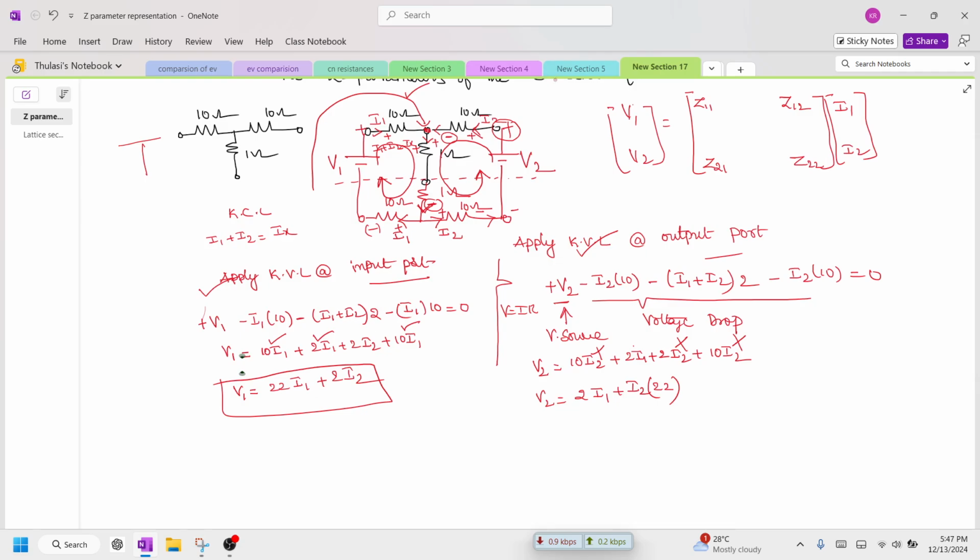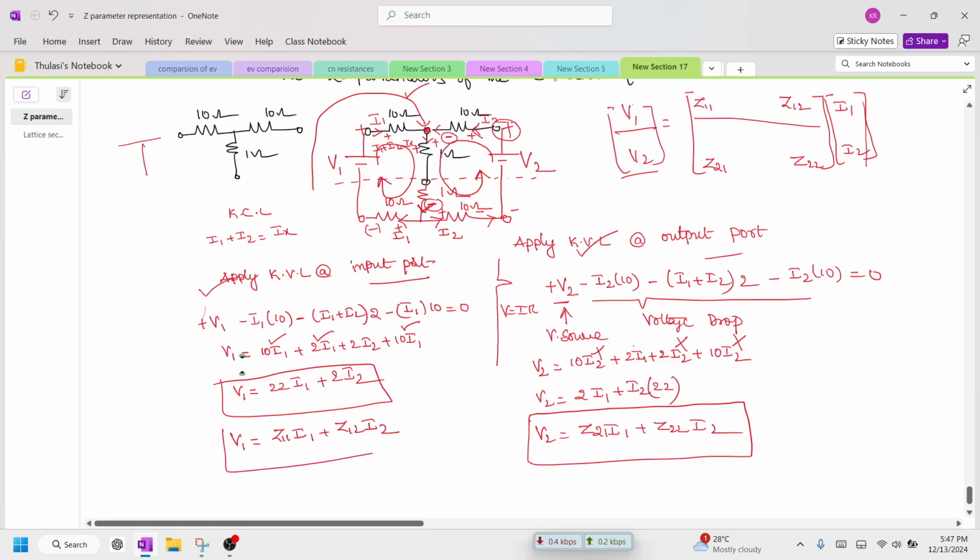So when you compare with the standard, the equations of V1 and V2 are V1 is equal to Z11 I1 plus Z12 I2. And coming to the V2 equation, V2 is equal to Z21 I1 plus Z22 I2 is the second equation.